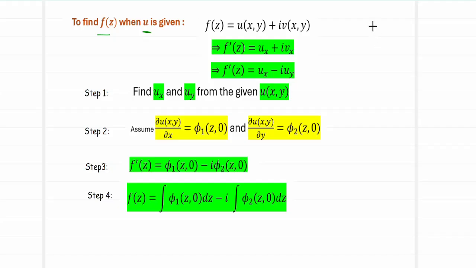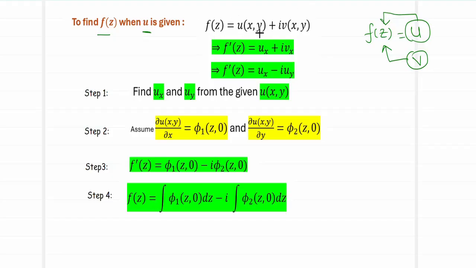We know that f of z can be expressed as u of x comma y plus i v of x comma y. So if this u is given, how can I construct my function f of z? Or if this v has been given, how to construct my function f of z? This is the prime motive of the Milne Thomson method. So now we will see how to apply it.